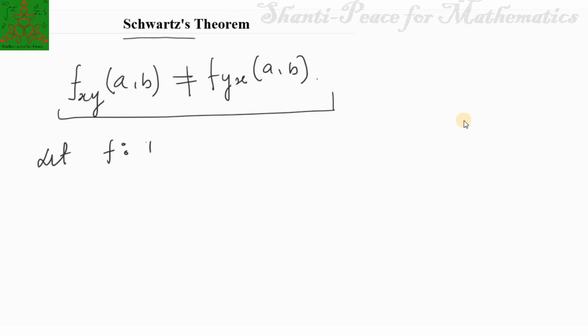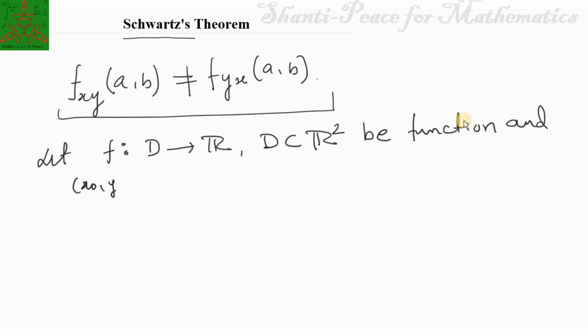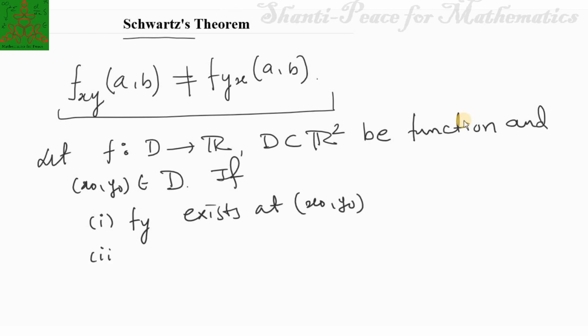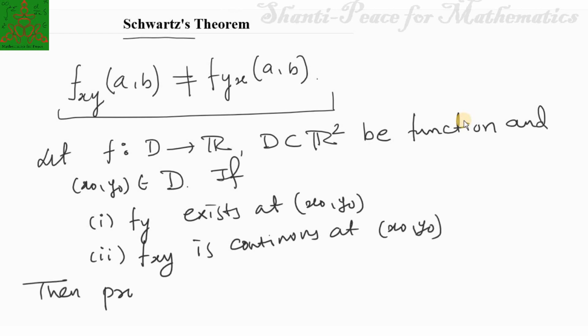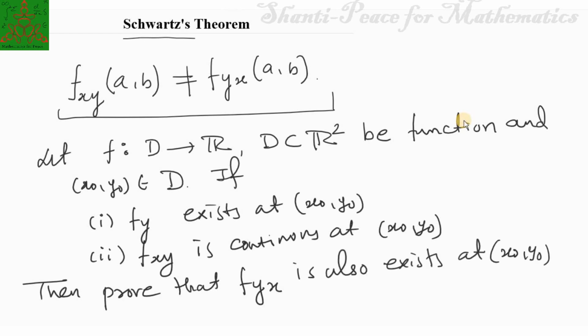Let f be a mapping from D to R, where D is a subset of R squared, be a function, and (x0, y0) is in D. If first, fy exists at (x0, y0), and second, fxy is continuous at (x0, y0), then prove that fyx also exists at (x0, y0) and fxy at (x0, y0) is the same as fyx at (x0, y0). So this is the Schwarz theorem.